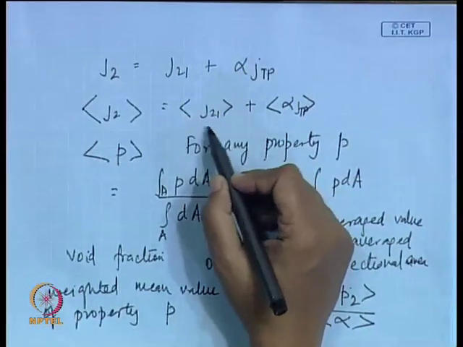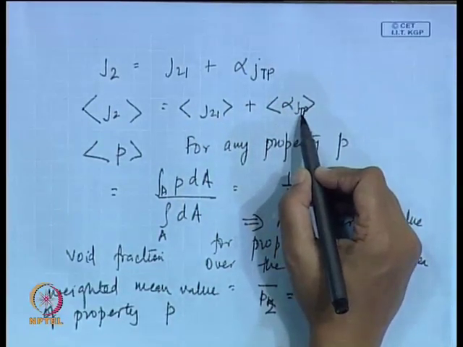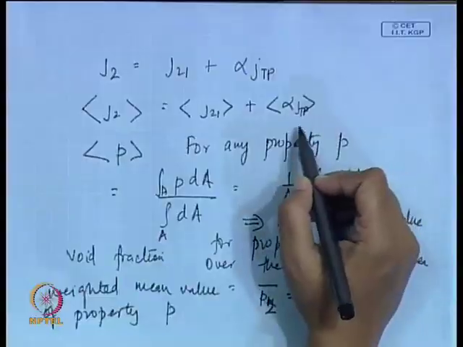So, this also can be found out easily. Now, for finding out alpha into JTP, what you have to do? For each particular point you have to measure alpha, at each particular point you have to measure JTP, you have to multiply the two, and then you have to integrate the entire functional form. Now, this is not very easy.